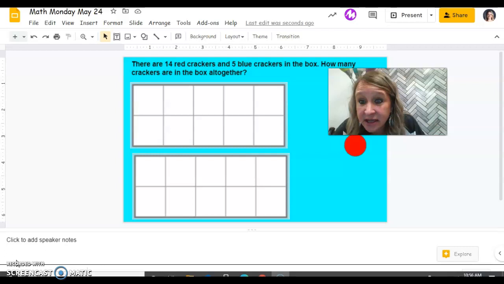Okay, you ready to practice another one with me? There are 14 red crackers and 5 blue crackers in the box. How many crackers are in the box altogether? Well, I'm going to need to read the problem again. There are 14 red crackers and 5 blue crackers in the box. How many crackers are in the box altogether? Now, let's go back and find the important parts of this.